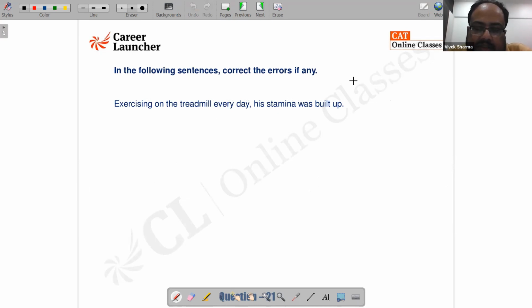How do you correct the sentence? This is a dangling modifier now. Before this, most of them were misplaced modifiers. This is a dangling modifier now. I hope all of you can identify where the sentence is going wrong.